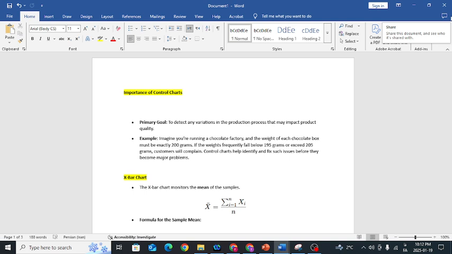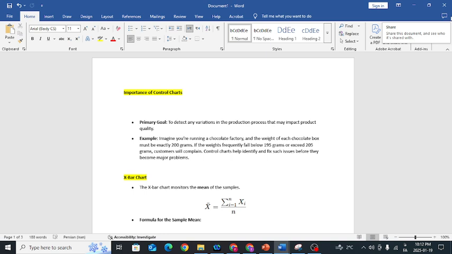For this session, the importance of control charts: we can say the primary goal is to detect any variations in the production process that may impact product quality. For example, imagine you are running a chocolate factory and the weight of each chocolate box must be exactly 200 grams.